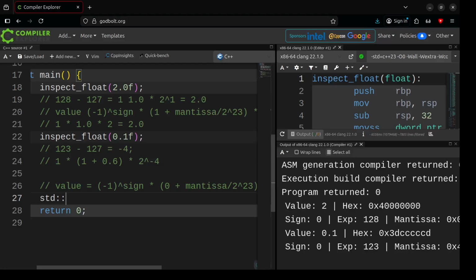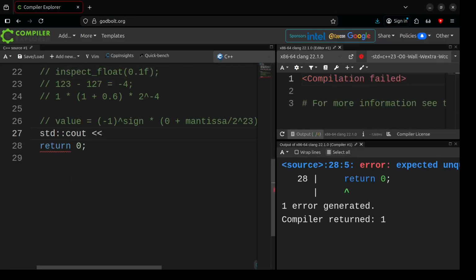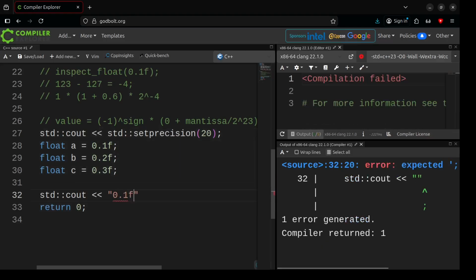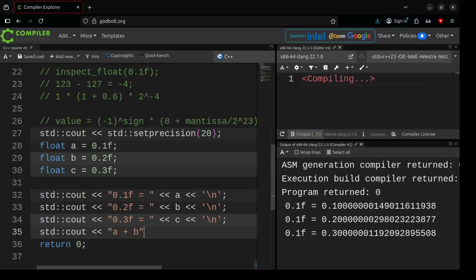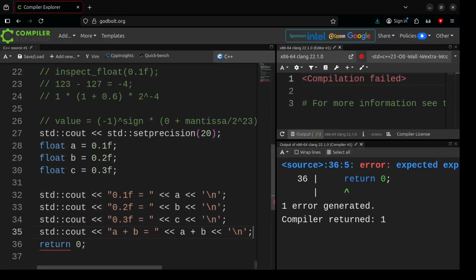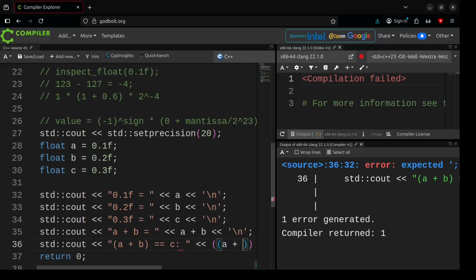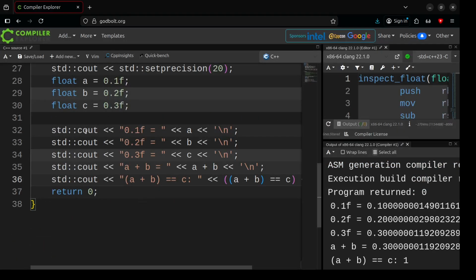So let's comment these things out as well. So here is the example.